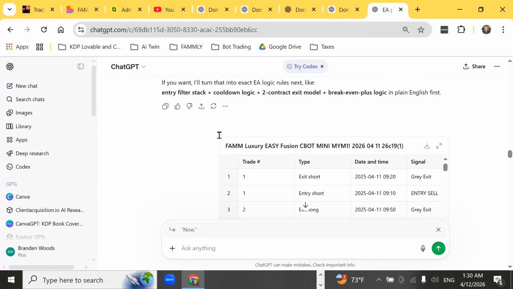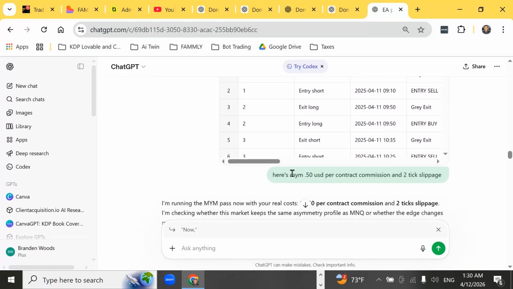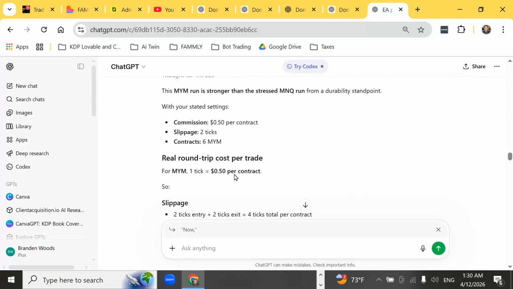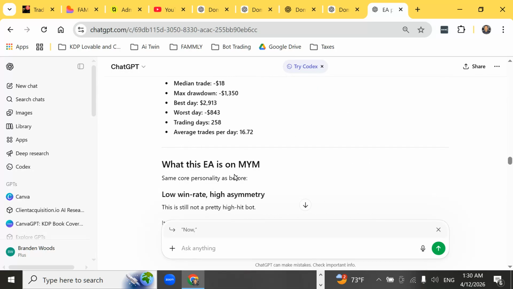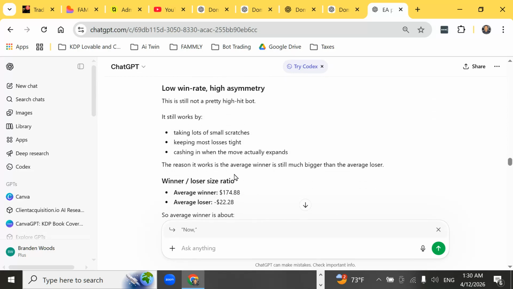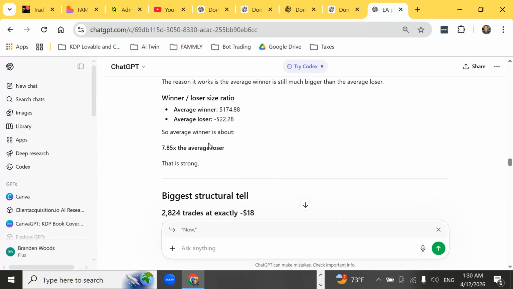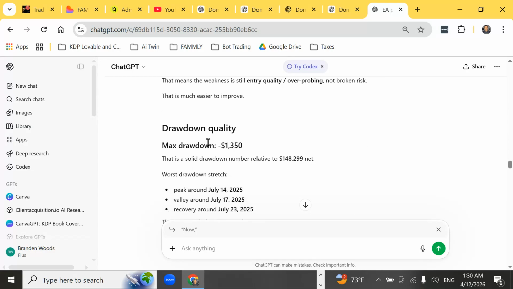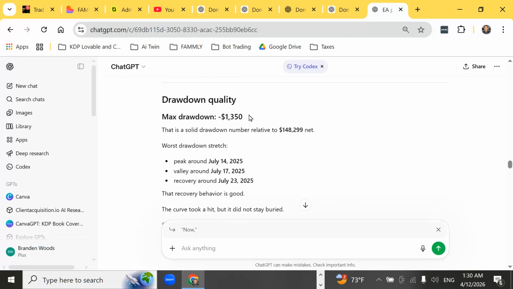And lastly, MYM, I put 50 cents per contract on the commission and 2 ticks of slippage. So its performance is really strong. Here we go. Max drawdown 13.